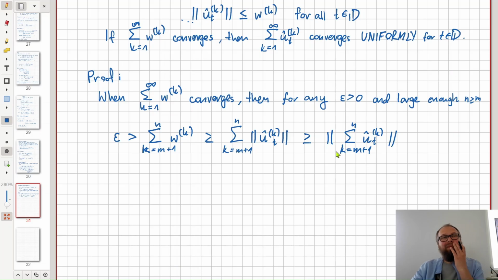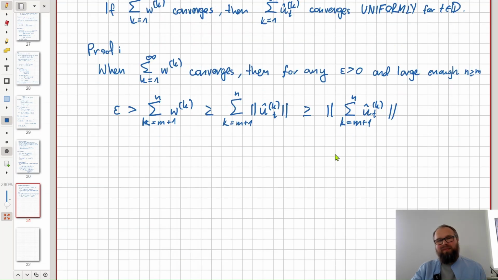And is that last inequality interesting, because it looks like it also tells you something about the remainder. The norm of the remainder will always be less than the individual norms added up, right? Yeah, I mean, we have this Cauchy criteria. We are showing that if this converges, this satisfies the Cauchy criteria, so we can say it converges uniformly. It's the same as the Cauchy criterion.